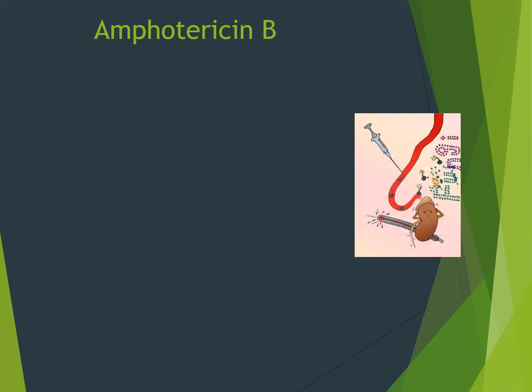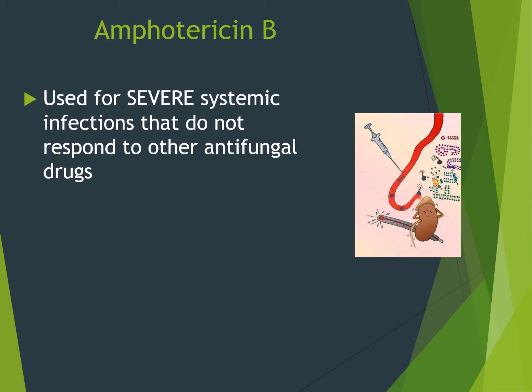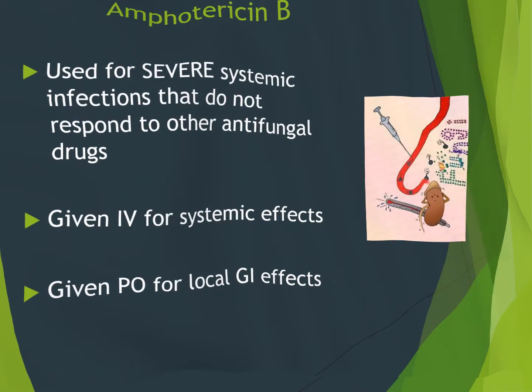Amphotericin B, just to revisit that again, is used for severe infections that don't respond to others. It's IV for systemic effects and PO for local GI effects, but typically it would be an IV preparation, though it could be either.